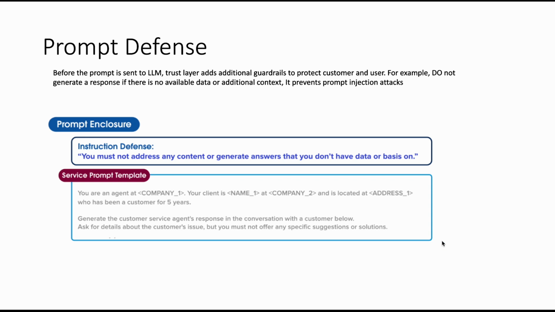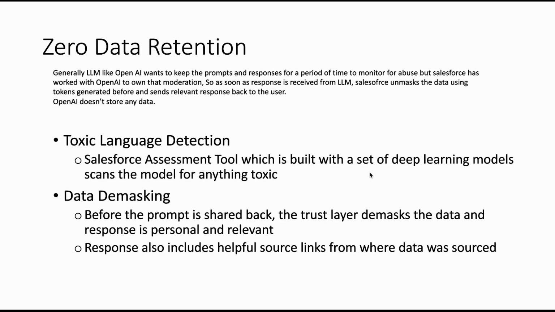That just allows you to make sure that you don't have any prompt injection attacks, as it's called, which basically means nobody's interfering with your prompt and changing things that you don't have access to. And this is super important: zero data retention. The large language model needs to have the prompt for a certain period of time to be able to avoid any prompt injections or make it better over time, essentially.